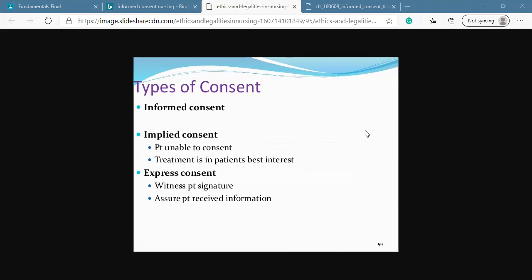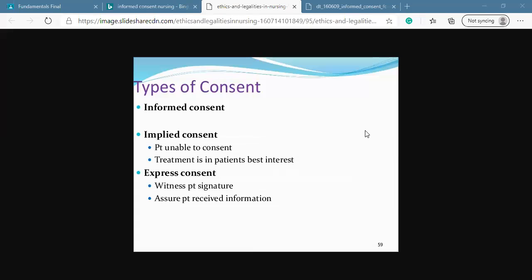So basically, the provider's responsibilities include communicating the purpose of the procedure, explaining it to the patient, and giving a complete description of the procedure, right? And always make sure the description of the procedure is in the patient's primary language.